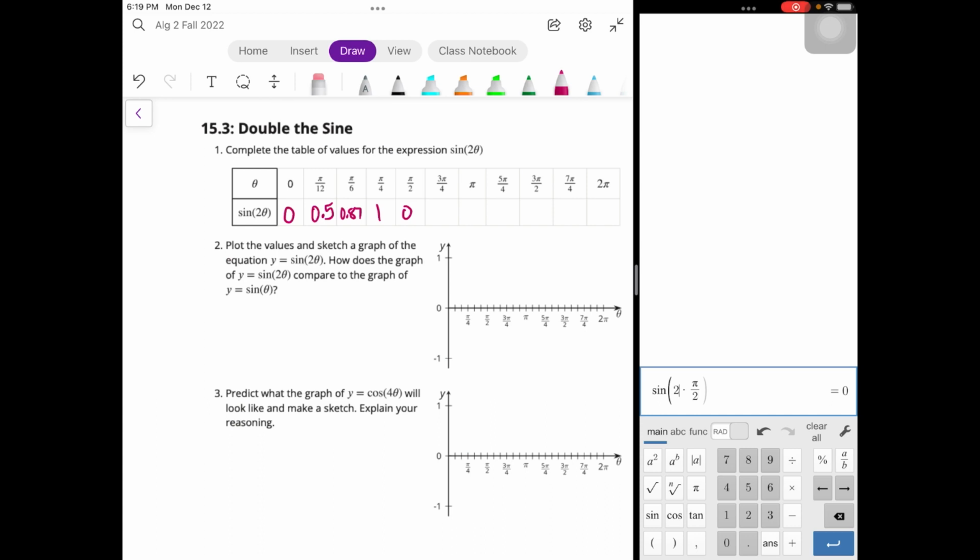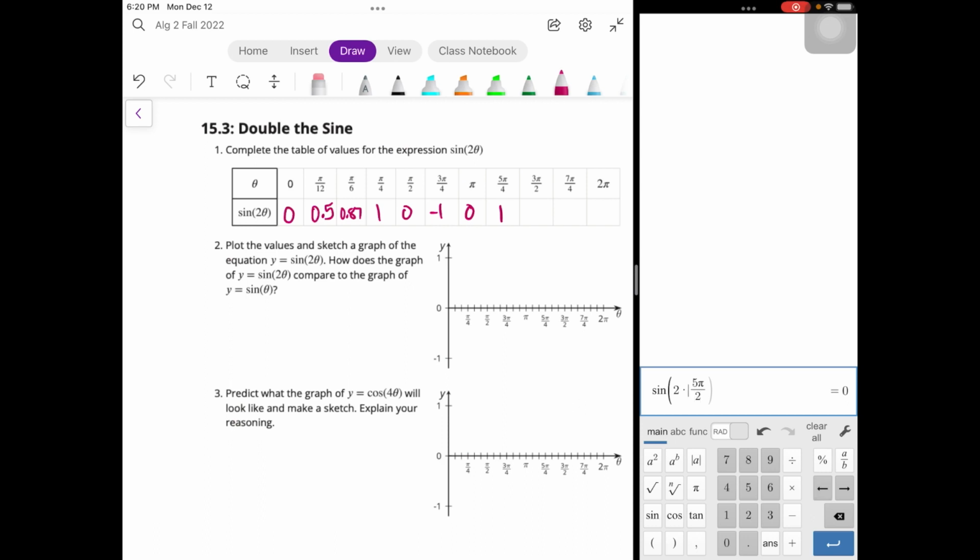Then 3 pi over 4 is negative 1. Pi is 0. 5 pi over 4 gives us 1.